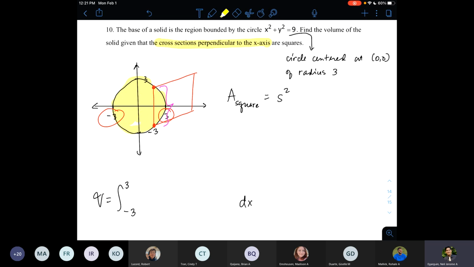So basically, the side length s would be this length over here. How long is this strip? But remember, this is exactly the vertical strip that we drew. And remember from last time, to compute the height of a vertical strip, that would be the top function minus the bottom function, right? But what are these functions?